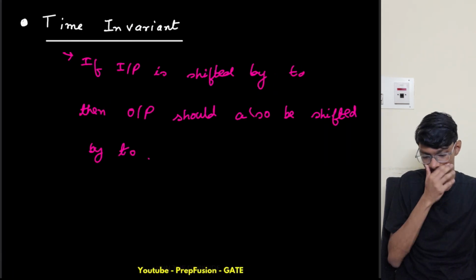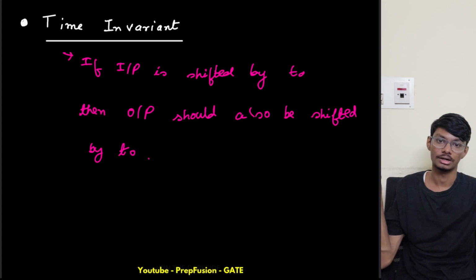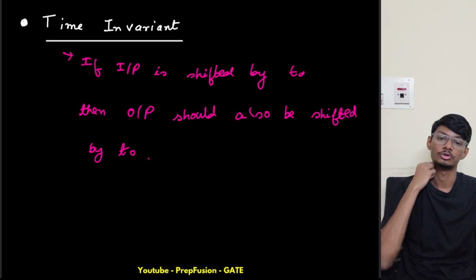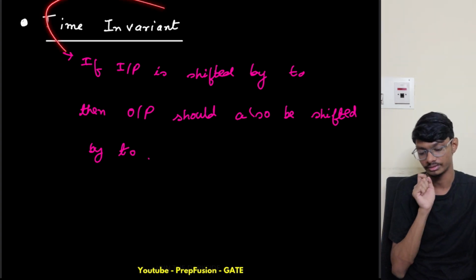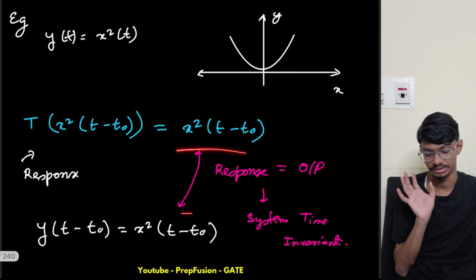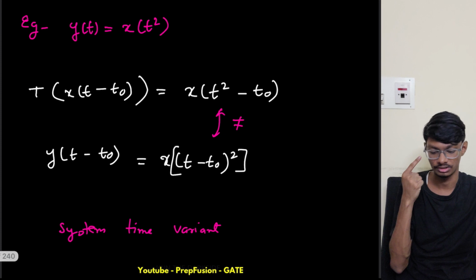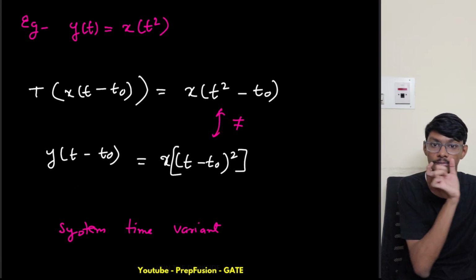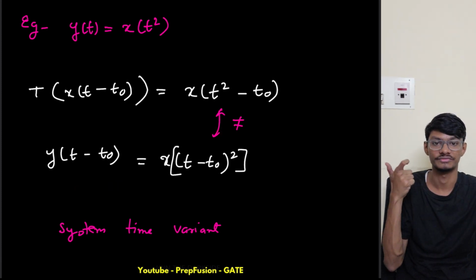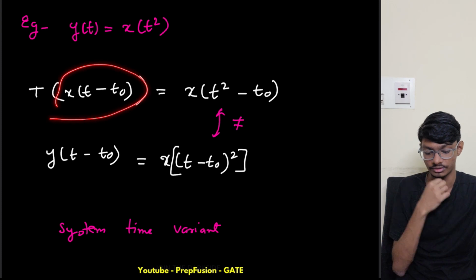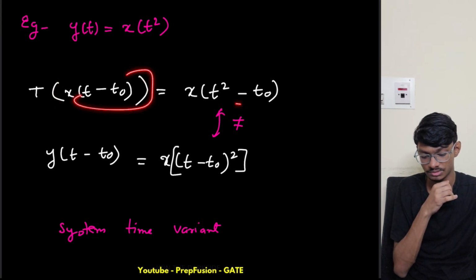Time invariant: I've already explained that if we shift the input by t naught, the output should be shifted by the same amount, then the system is time invariant. From the time variant example, your idea is getting clearer about what input shifting and output shifting mean. If we shift the input, we are shifting just this bracket term by t naught.